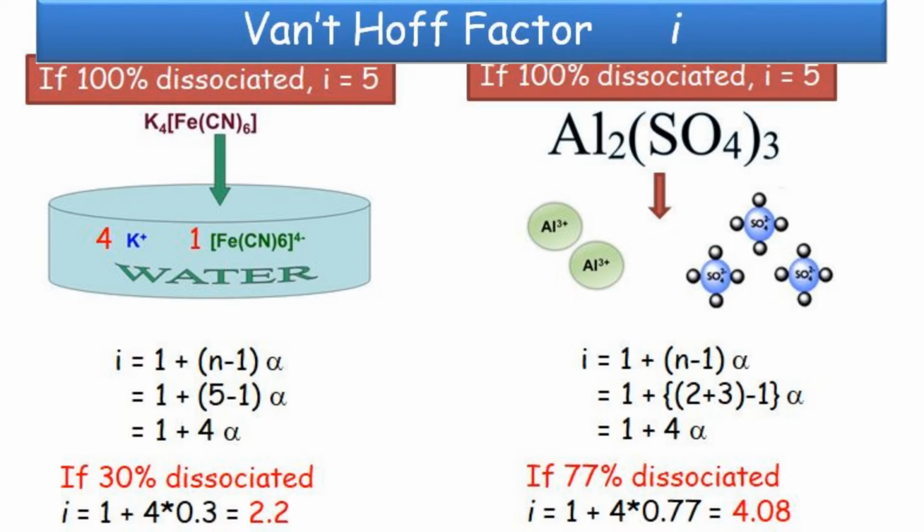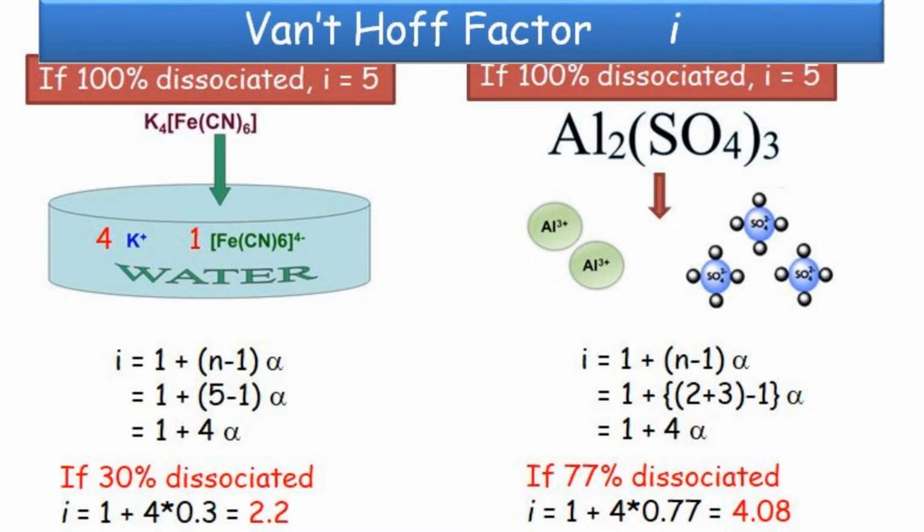Straightforward. I can also do Al2(SO4)3. Same. i equals 5 at 100%, and less than 100%, i equals 1 plus 4 alpha. This is straightforward, how to calculate the i value.